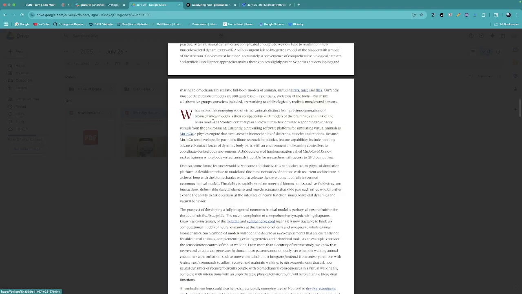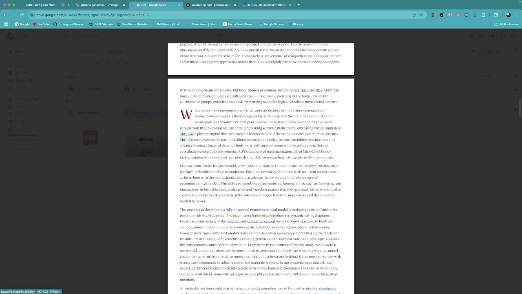Of course, there's this model, MuJoCo. We've talked about MuJoCo, which is a physics engine that simulates the biomechanics of skeletons, muscles, and tendons. This is based on simulating robotic systems, but you can also use this for AI.